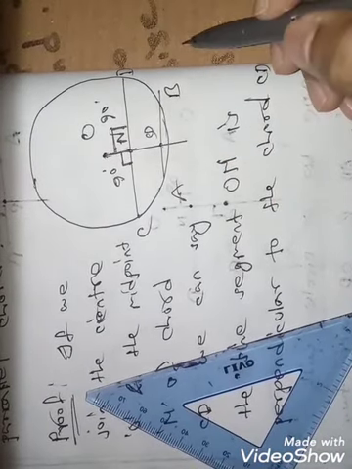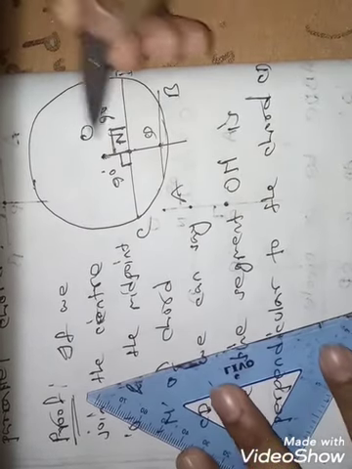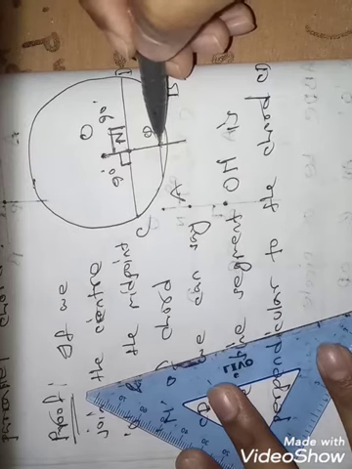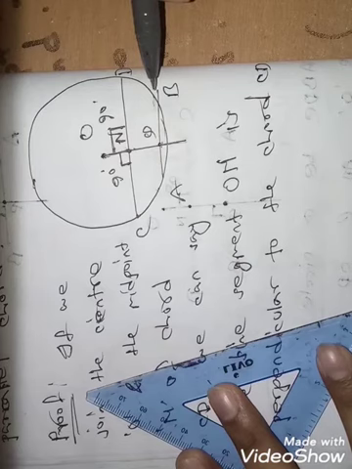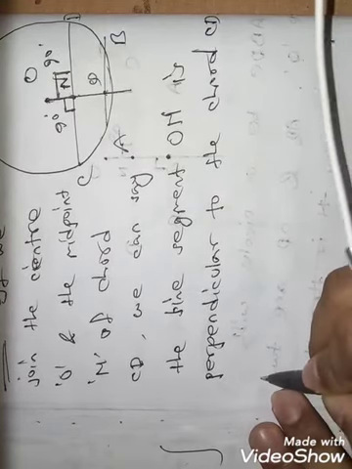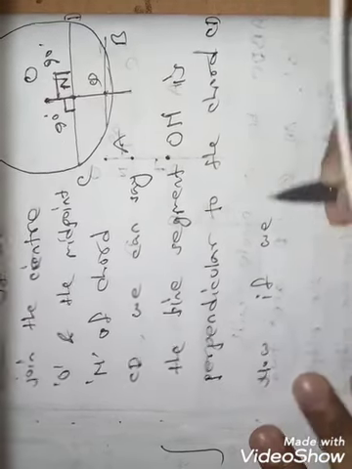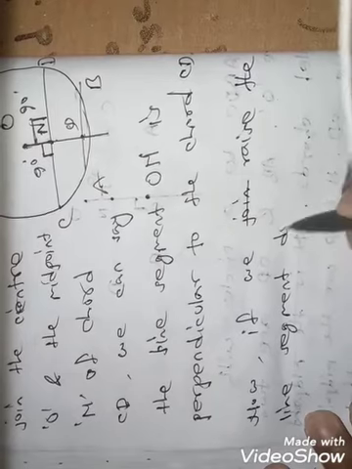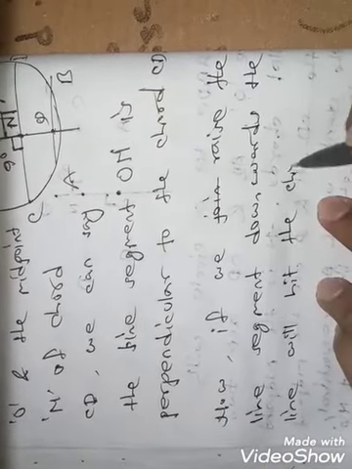Let's name it Q. I have raised this line segment ON downwards, and that line hits the chord AB at Q.